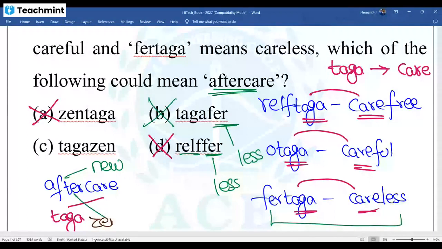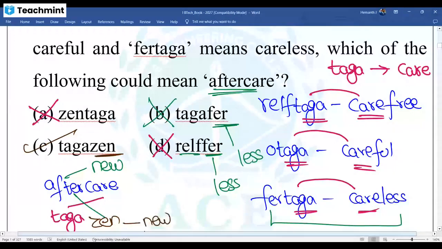Among the options, some new code is given as gen. You can take pen or men or some other code also, but this should be a new one, not an existing one. Are you clear with this question? So far we discussed letter coding, substitution coding, and mixed coding.